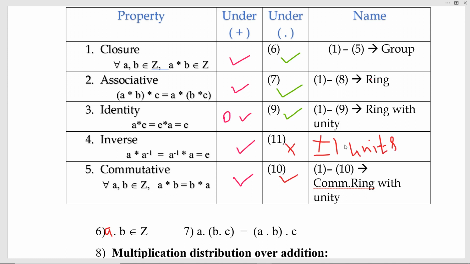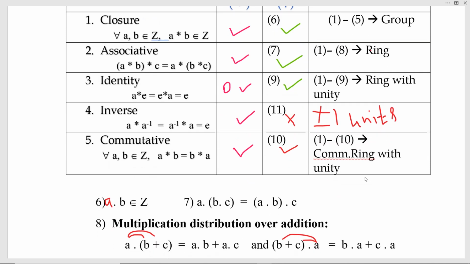So Z is not a skew field. Zero element cannot have a multiplicative inverse, so every non-zero element having an inverse makes the ring a skew field or division ring.